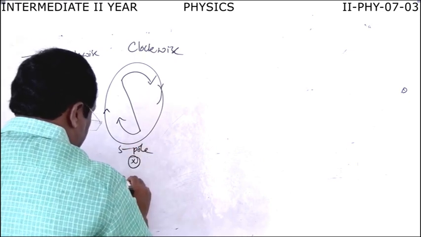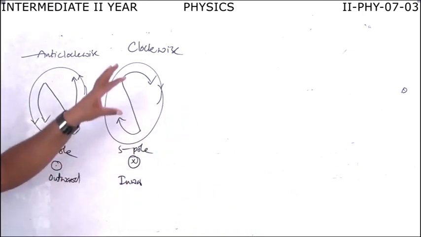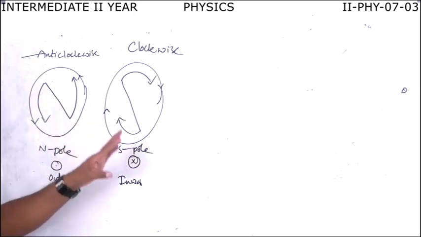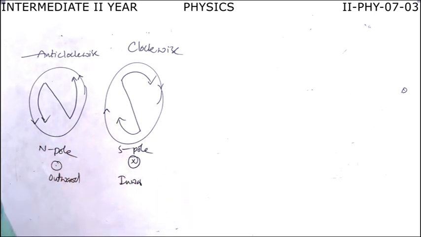So the direction of magnetic field is inwards to the coil, perpendicular to the plane of the coil but inwards. So north pole, south pole. That is why the current carrying coil behaves like a magnet.